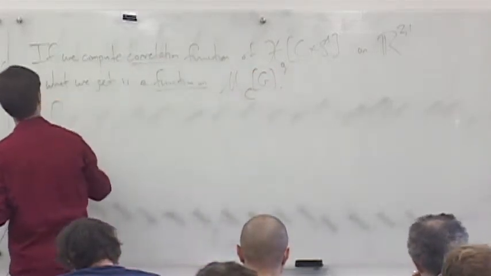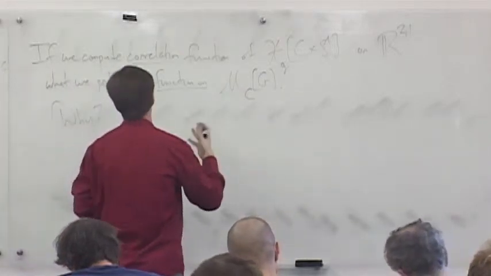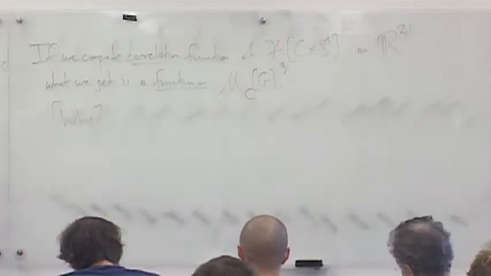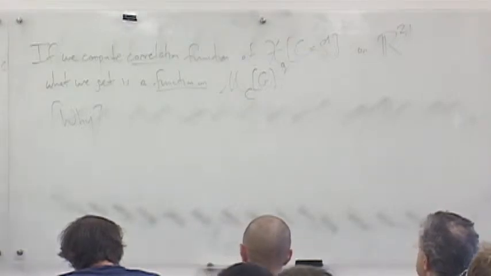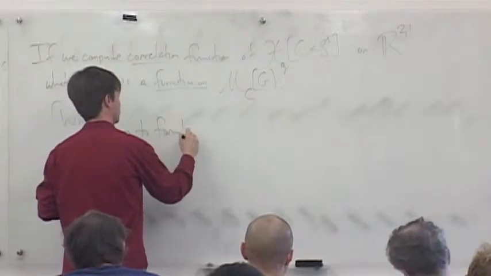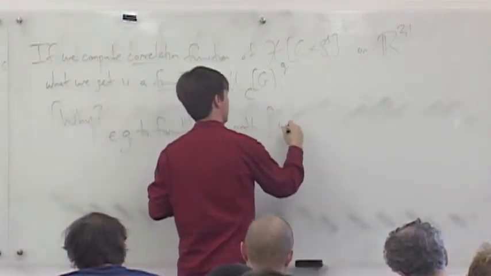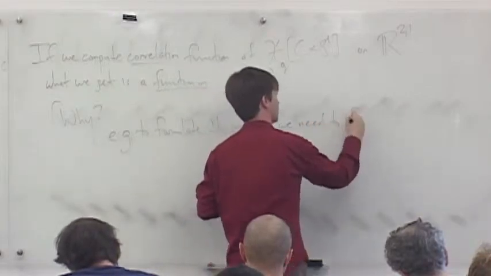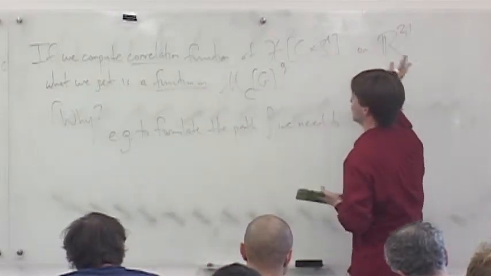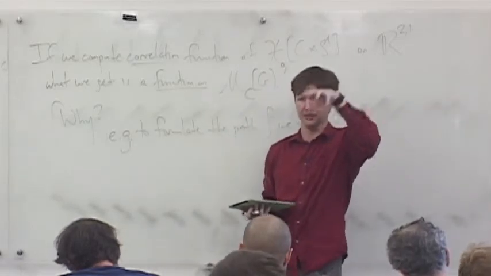Why is that? One way of seeing it is we're in this regime where classical field theory is pretty good. To formulate the path integral, we're doing a path integral in this non-compact space, and we need to fix some boundary condition for the fields.